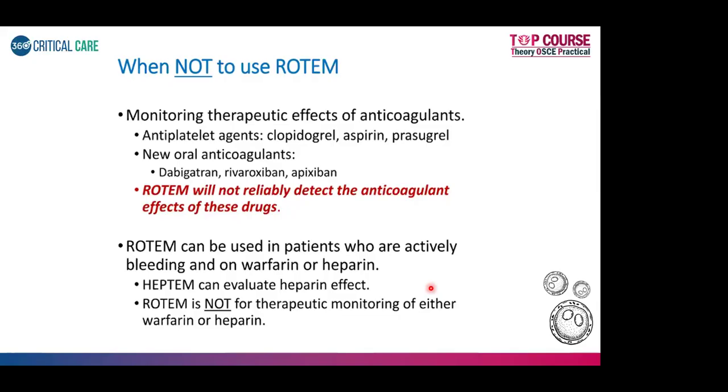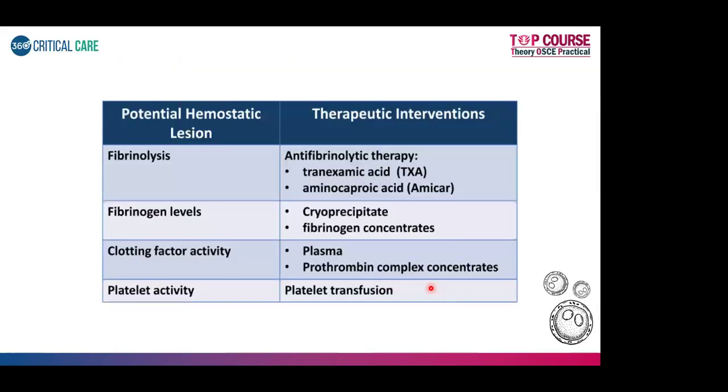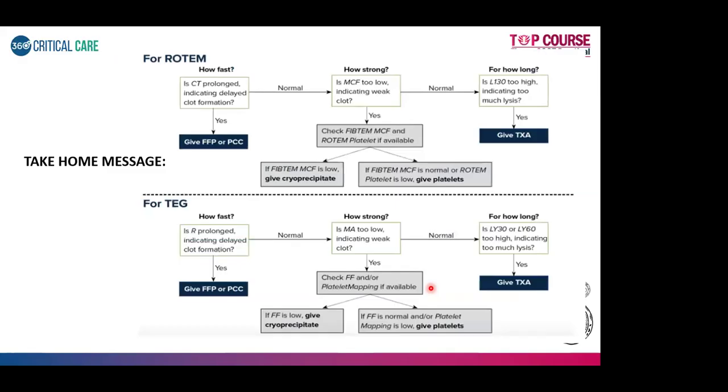All of this goes in a stepwise manner. So remember, ROTEM does not account for temperature, von Willebrand factor, or calcium, because all of these are very important for the clotting cascade. This is the take home message.